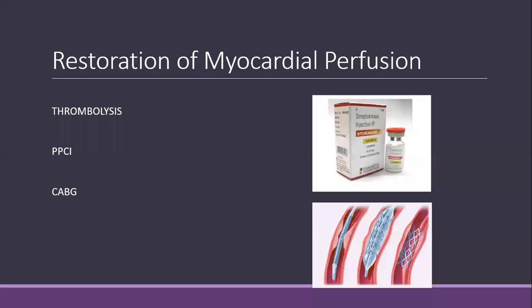And CABG in certain patients in which all mechanisms fail and there are some complications related to myocardial infarction, then some patients can go for CABG to revascularize the arteries and to increase the myocardial flow.